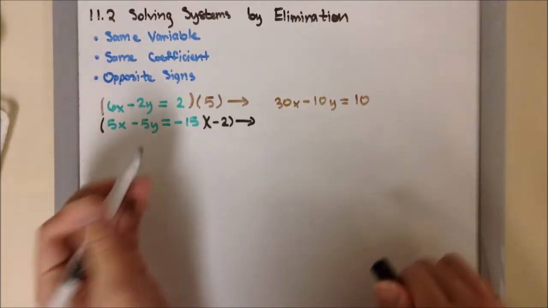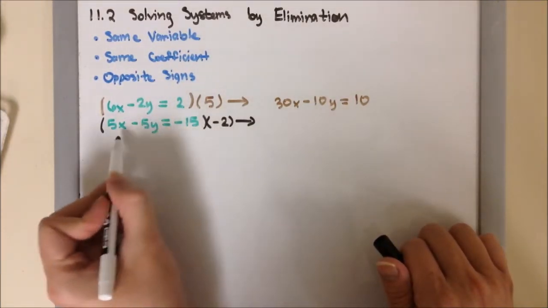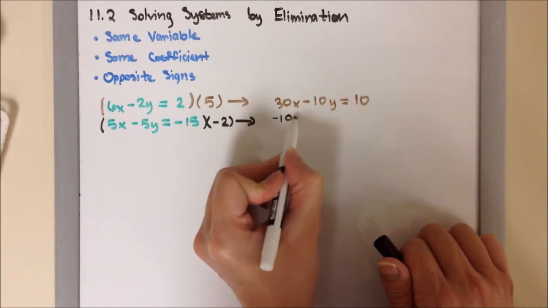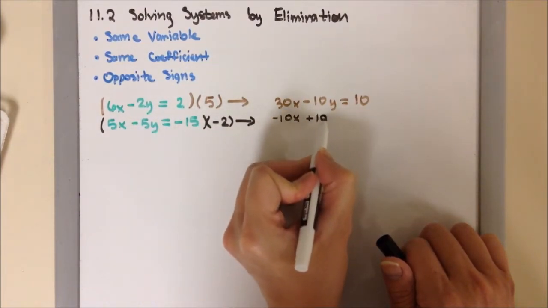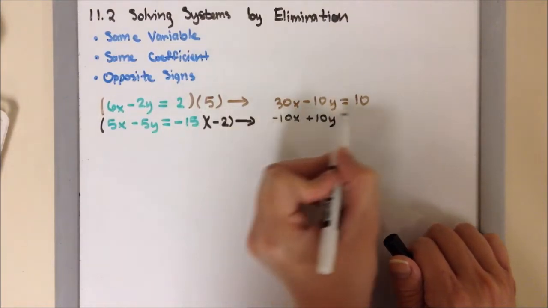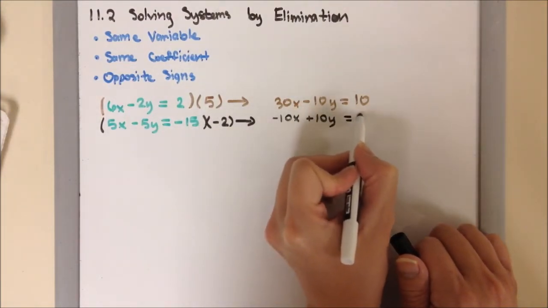And then the second equation, multiplying the whole thing by negative 2, so it would be negative 10x, and then positive 10y equal to positive 30.